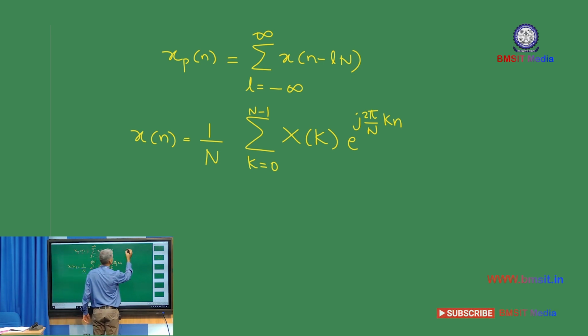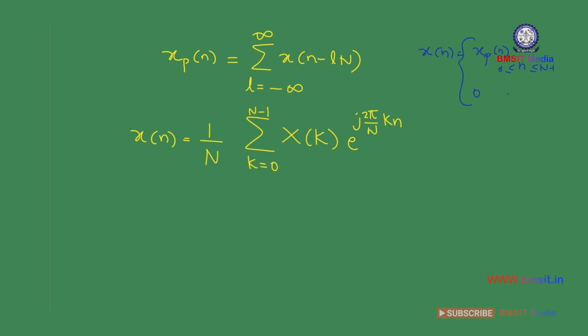The relation is already known to us. x of n is equal to xp of n itself for n greater than or equal to 0 and less than or equal to N minus 1, and at all the rest of the places it is 0.